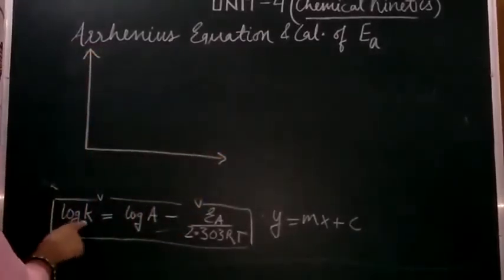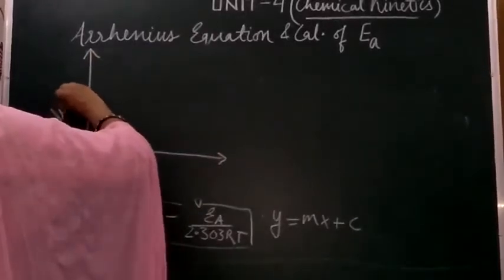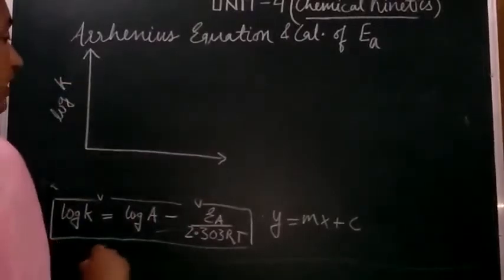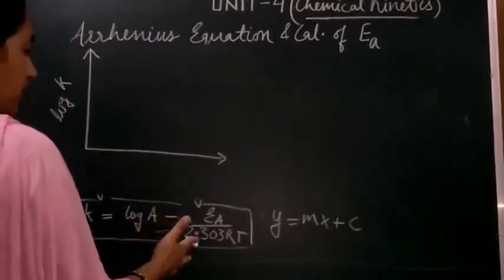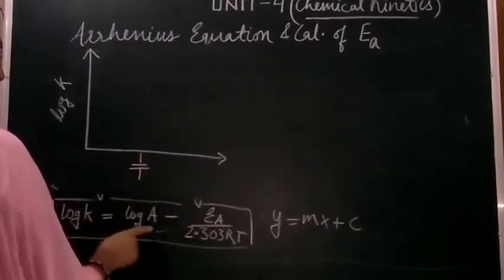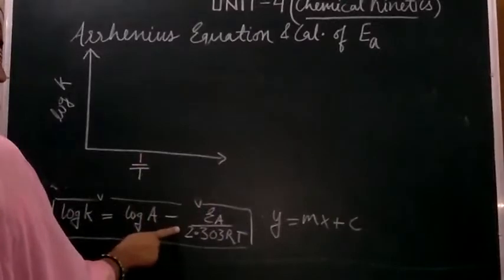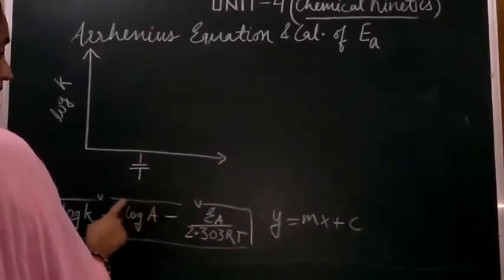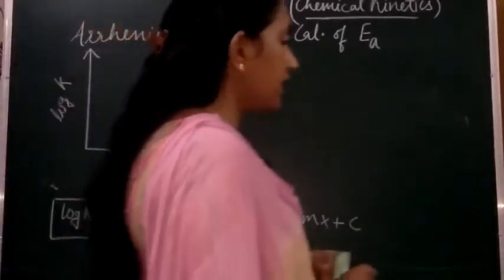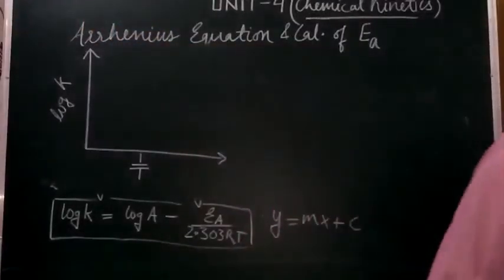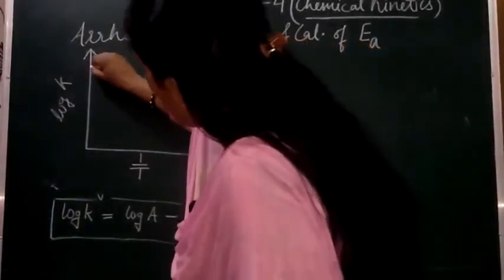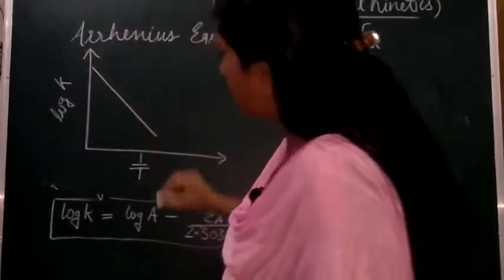On the y-axis we will have log k, and on the x-axis we will have 1 upon T. Here this part is c. Since we are getting minus Ea upon 2.303 RT, this is a negative sign, so the slope of the line will be in this way.